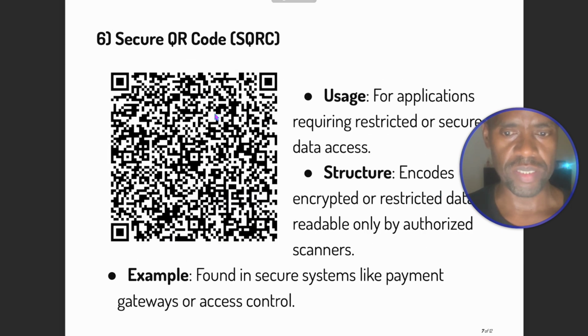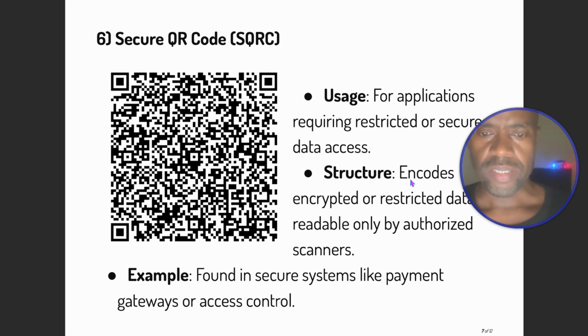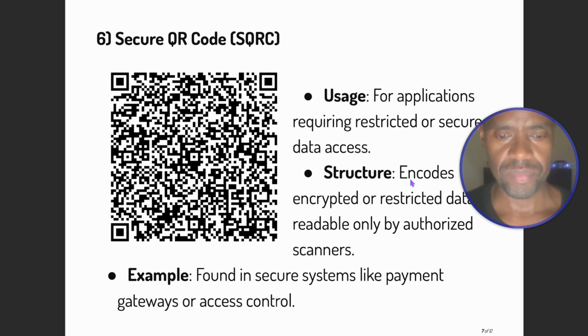You can see how it's different. It's for applications requiring restricted or secure data access. It will encode encrypted or restricted data readable only by authorized scanners. It will be found in secure systems like payment gateways or access control.